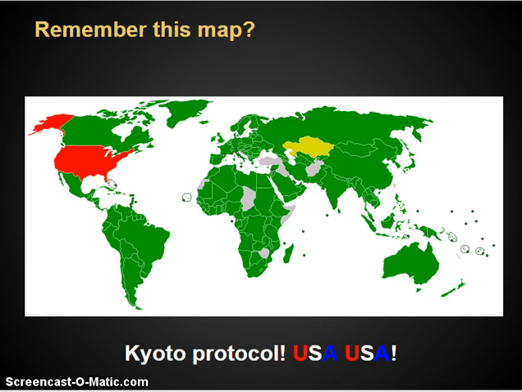Remember this map? This is the acceptance of the Kyoto Protocol. All the green countries accepted it. As you can see, the red country, the U.S., did not accept the protocol because at the time our government objected to the fact that industrialized countries were under more scrutiny than developing countries, and some countries, they felt, were taking advantage of that.